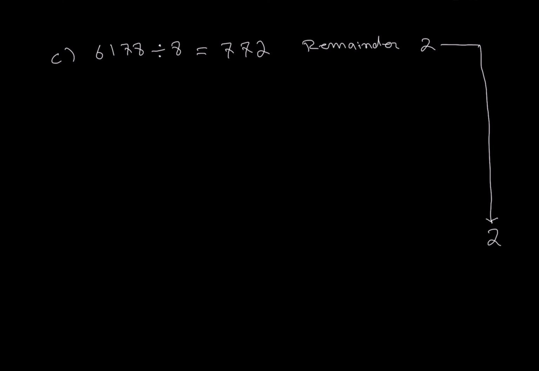Okay, now we will have to divide the new quotient, which is 772, by 8 also. The new quotient will be 96, and the remainder will be 4.